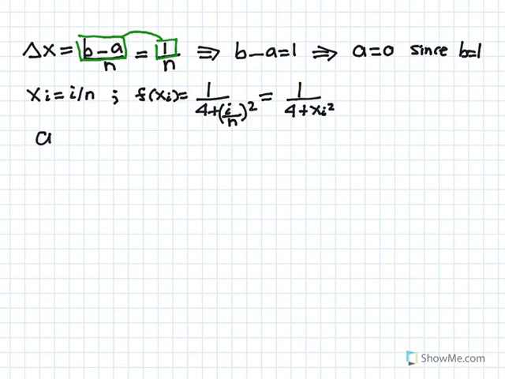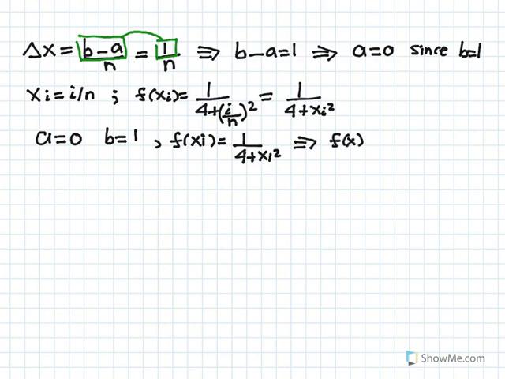We have a, the lower limit, to be 0. b was found to be 1. f of xi, the functional values, is 1 over (4 plus xi squared). And that implies that the function f of x that we're going to use for a definite integral is 1 over (4 plus x squared).